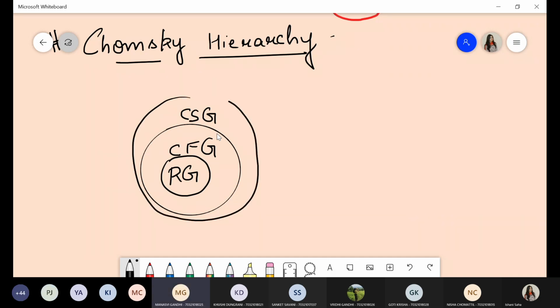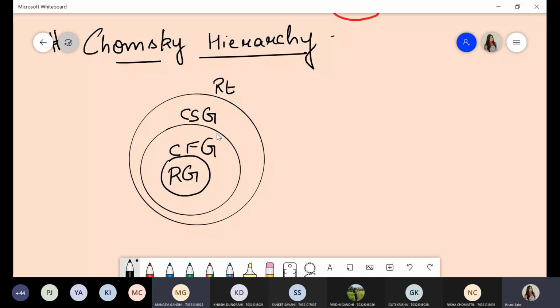Ma'am, the hierarchy of diagrams is done as in the automata, the grammars, and the languages. Yes, take it. You have to make those three diagrams whenever Chomsky's hierarchy is asked, and then you have to write all the restrictions of the grammar. So today I'll make you write all the restrictions of the grammar, so you can just start writing it.